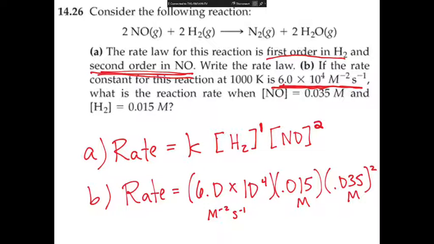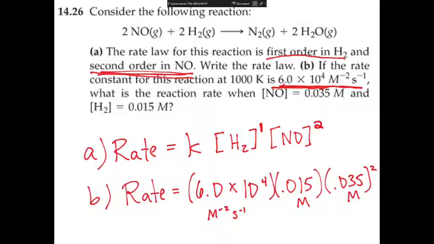All right. The last thing I want to do is to go over the units for the rate constant, depending on the overall order. So if a reaction is second order overall, we add up the exponents, and they add up to 2.